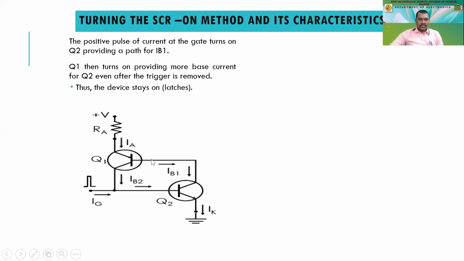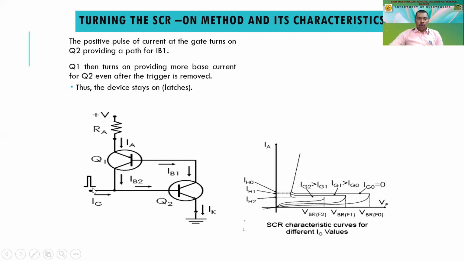As soon as it starts draining current from Q1, it is driven more into forward bias, and the collector drains some more current. As a result, more current starts flowing through this. Even if you remove the gate voltage, the SCR will not be switched off. That is what I mean to say.